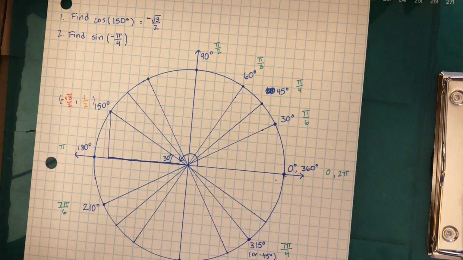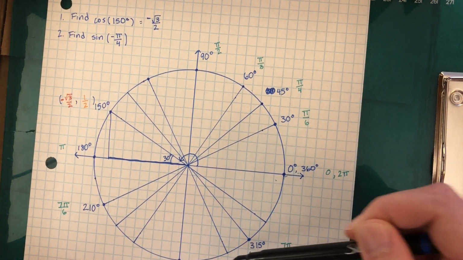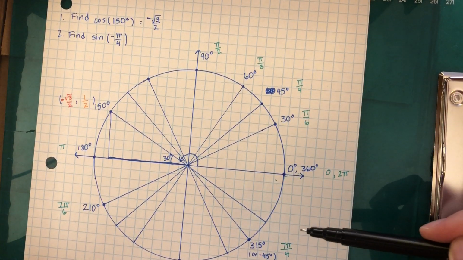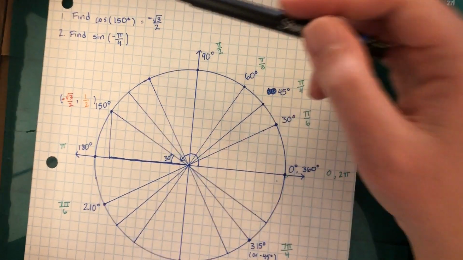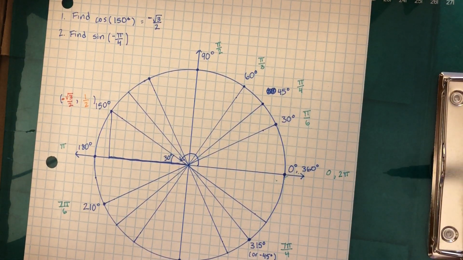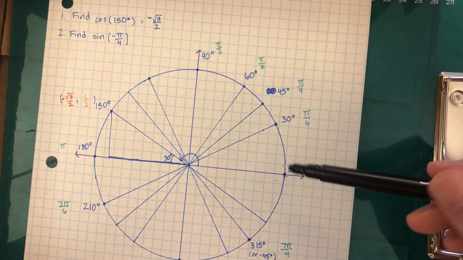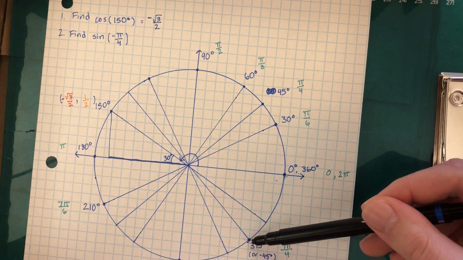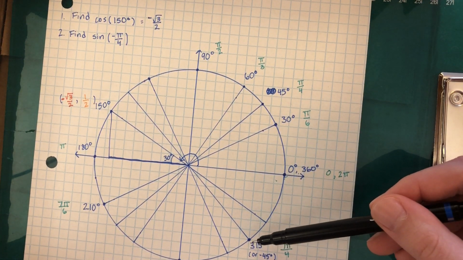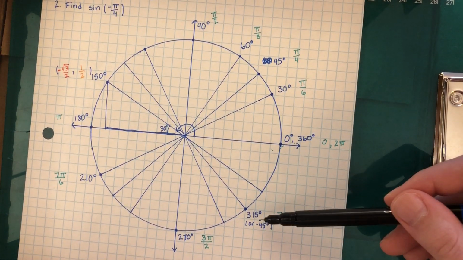This has a couple things going on. First of all, we have a negative angle, which tells me I'm starting from the positive side. I'm going to go this way instead of this way. And my number is in radians, so it might be a little bit harder to see where it goes. But pi over 4 goes with 45 degrees. So if I'm doing negative pi over 4, I'm going to go right here to negative 45 degrees, or 315 degrees.